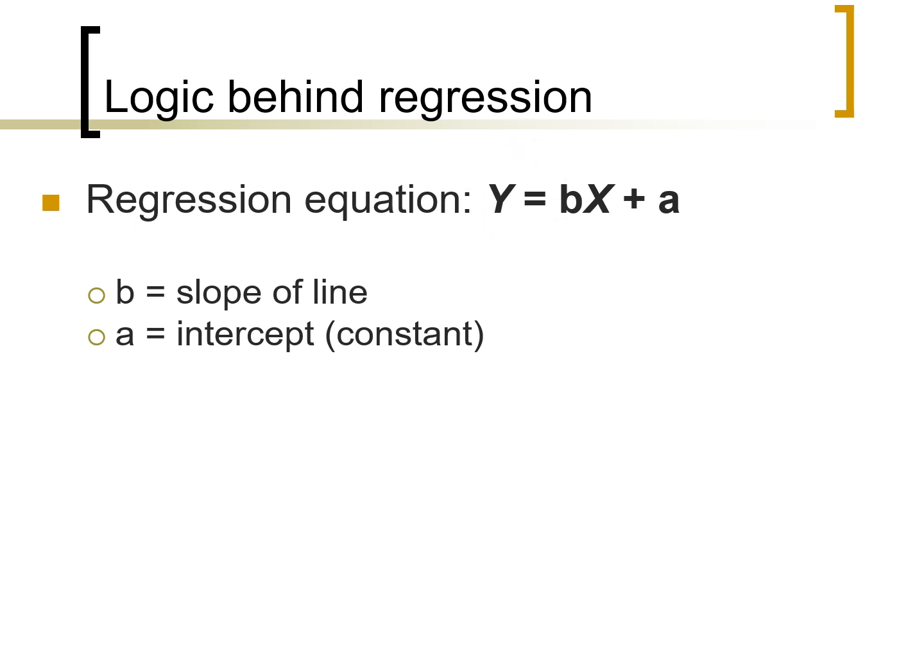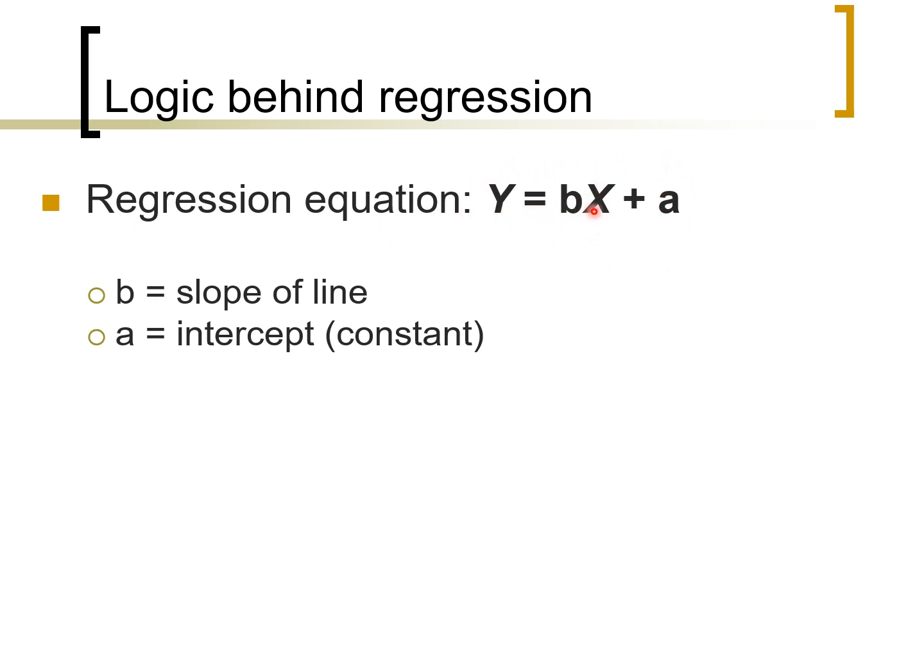And these two pieces are basically B is our slope of the line, and the A is the y-intercept, at which on our scatter plot the line crosses the y-axis. Some other textbooks and statistics classes use slightly different notation.